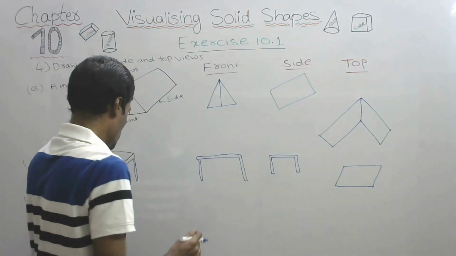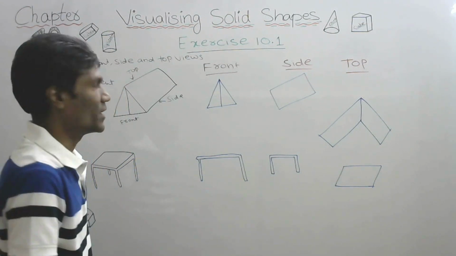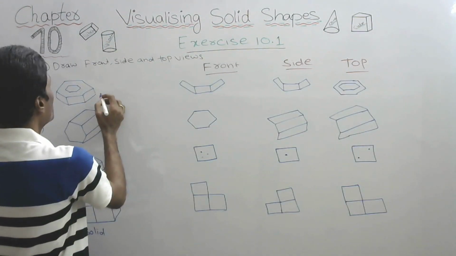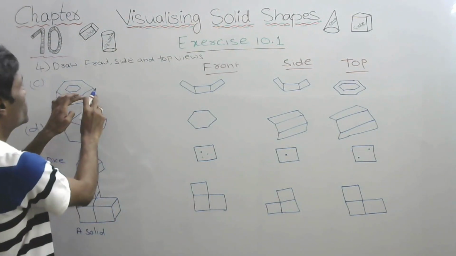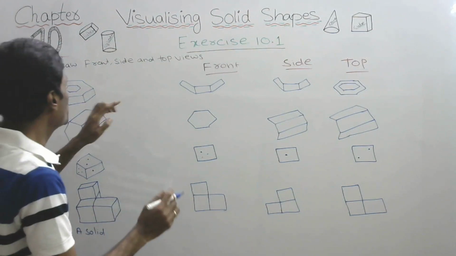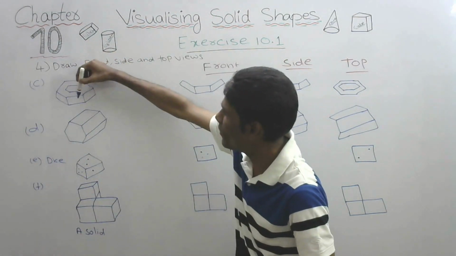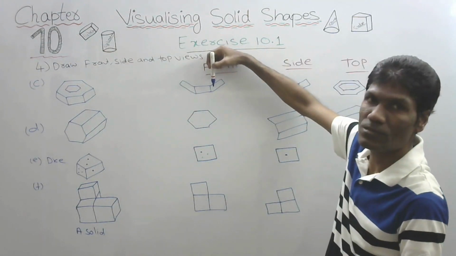3 and A, B, C, D we will do. D and E. Next, C. This is a nut given, and in nut, see the front view, how it will be. See from the front, it will look like this, the same front view.